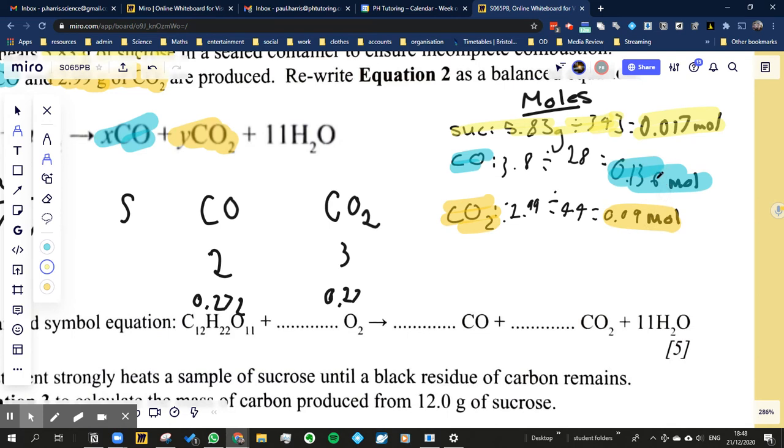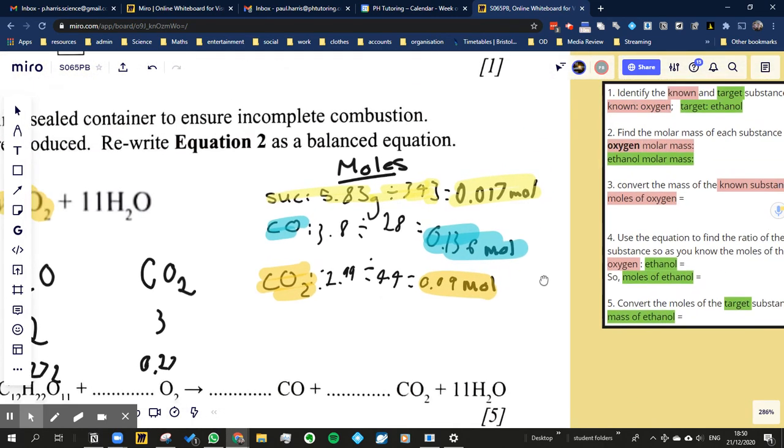And the next stage would be to work out 0.136. What's the nearest multiple? Would we have to round up or round down to get this to fit into that? So what we're doing is trying to use these numbers to work out what ratio they correspond to.